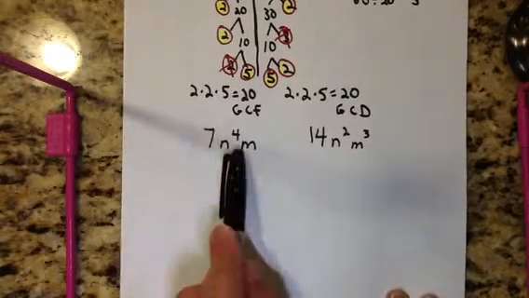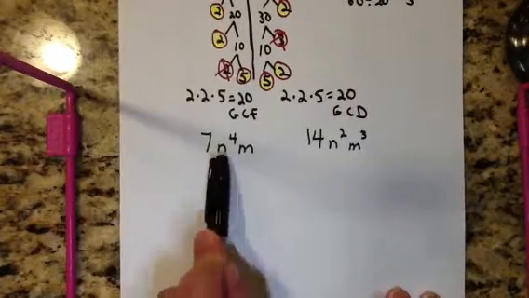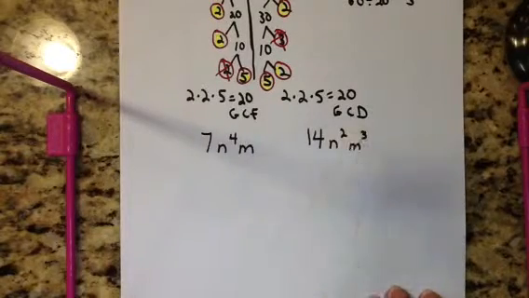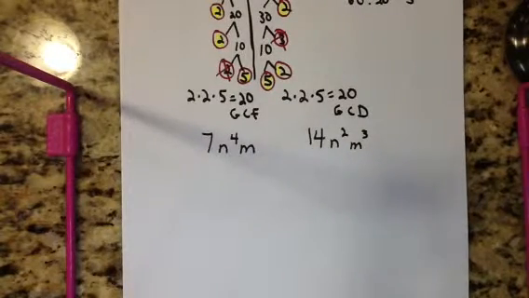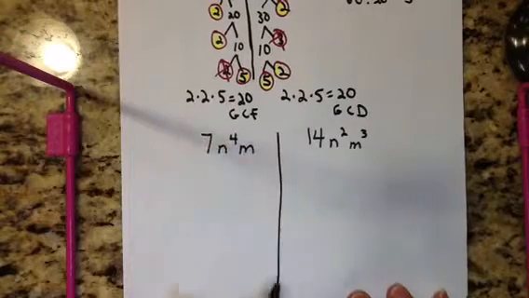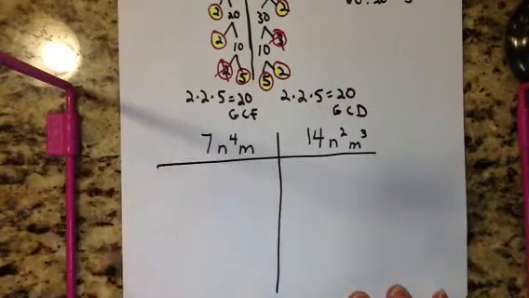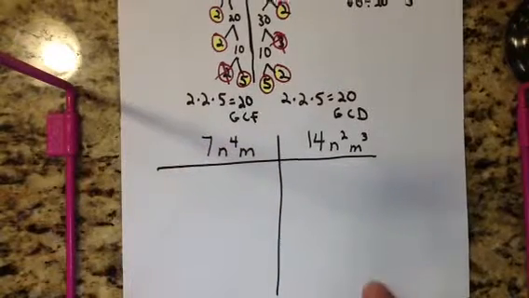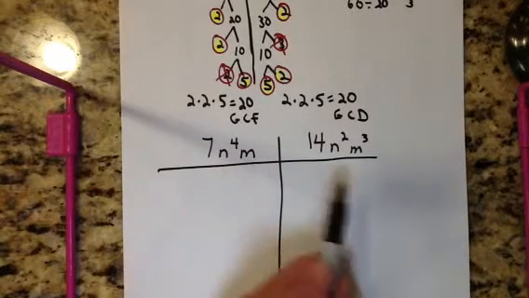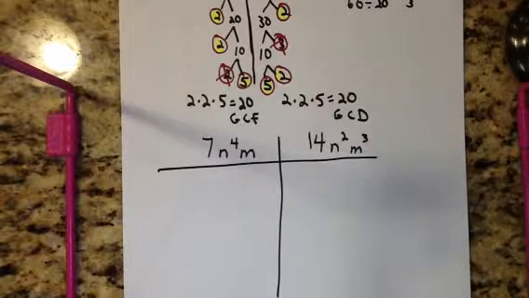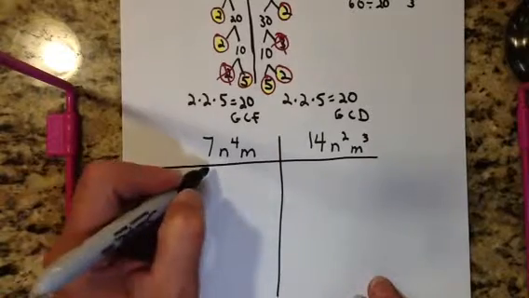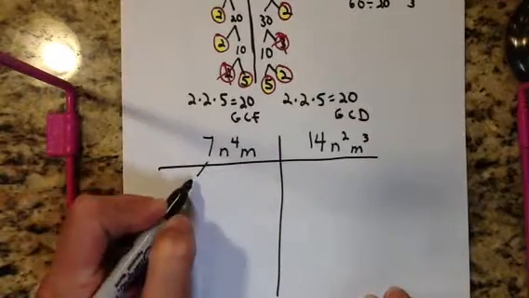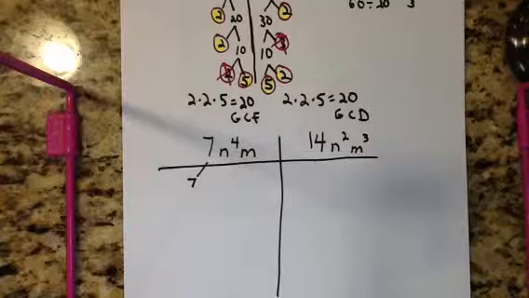Okay, let's look at another example. This value has variables in it and exponents, and this one does too. So the method I would use to go about finding the greatest common factor for values with variables is a little different. Okay, first of all, my 7 isn't going to change because that's prime already.